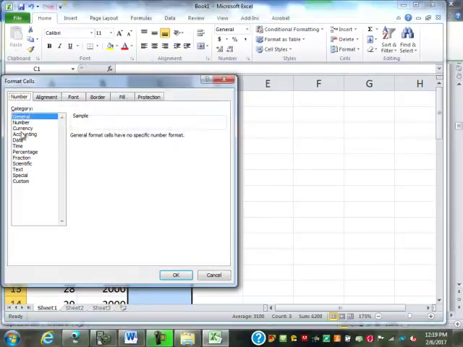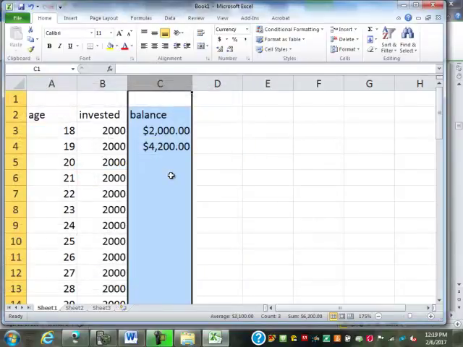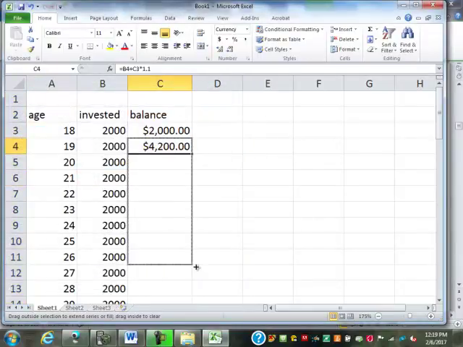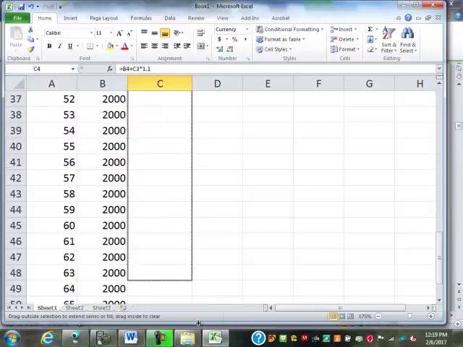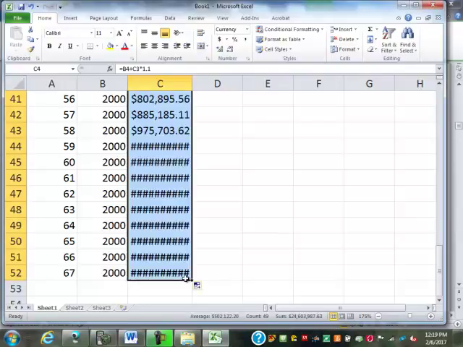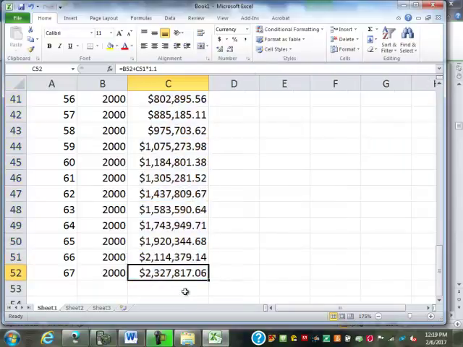We're going to format this to be money. So if you put that $2,000 away every year, starting at 18, going to 67, anybody want to guess? How many say more than $1 million? A few of you? It's actually going to be considerably more, about 2.3 million.